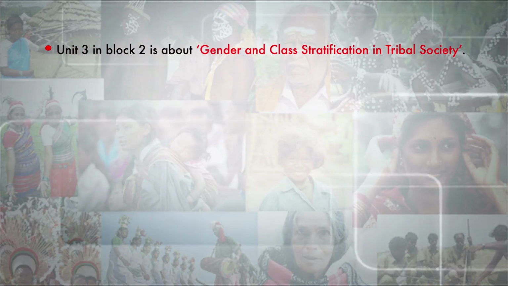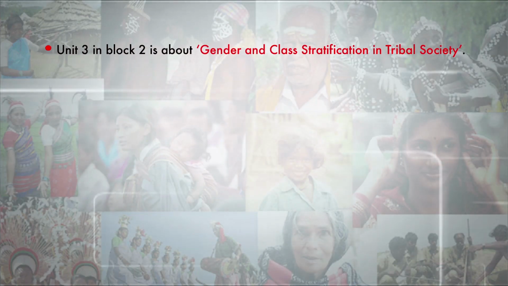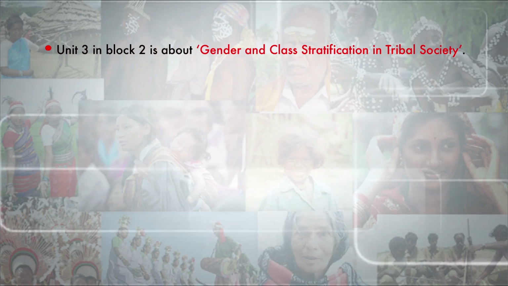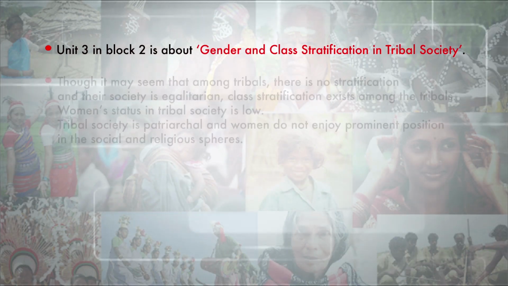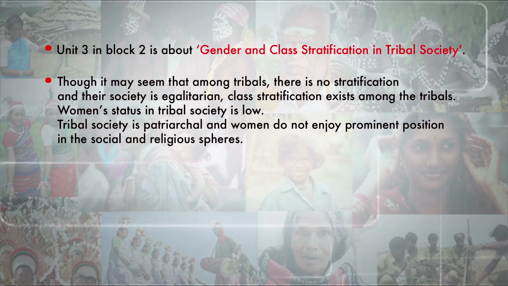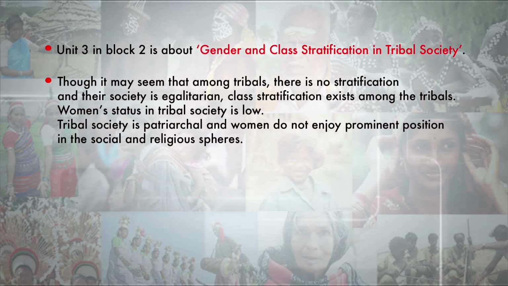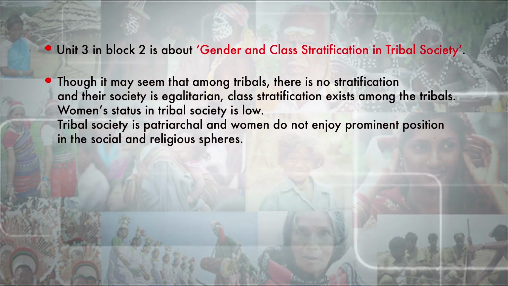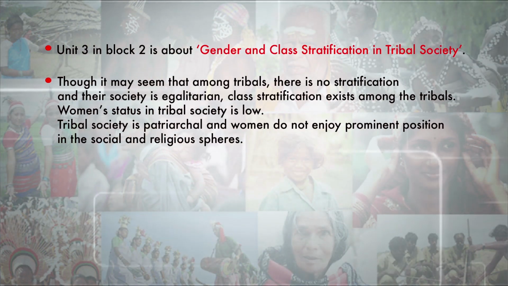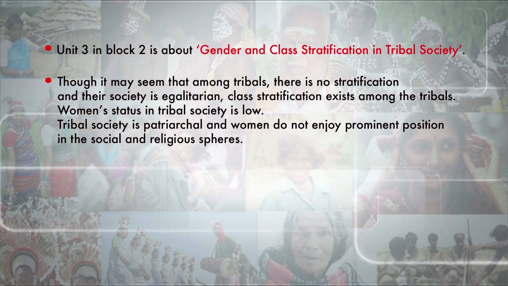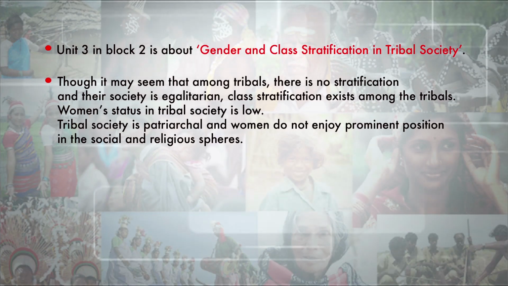Unit 3 in Block 2 is about gender and class stratification in tribal society. Though it may seem that among tribals there is no stratification and their society is egalitarian, class stratification exists among the tribals. Women's status in tribal society is low.